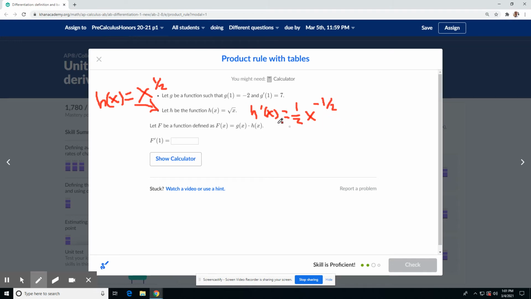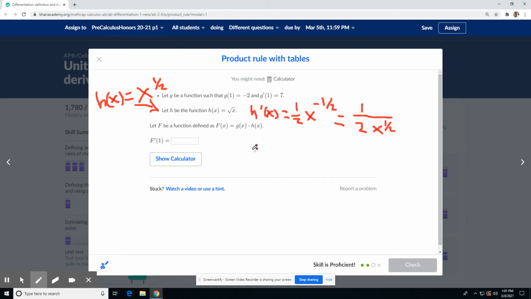It's up to you if you want to flip it, and I might as well right here so we can see what's going on. 2's on the bottom. X goes on the bottom also. No more negative exponent. And this is the square root of x. I recognize 1/2 power is the same as square root of x. So when I calculate it, it should be fine.